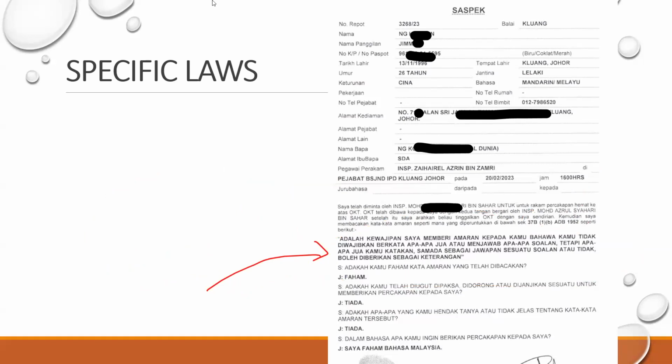So what are the specific laws that you should bear in mind when doing the criminal paper? Number one, the Dangerous Drugs Act. Number two, the MACC Act, the corruption one. AMLA also, the money laundering one. The Child Act, and also the Sexual Offences Against Children Act.